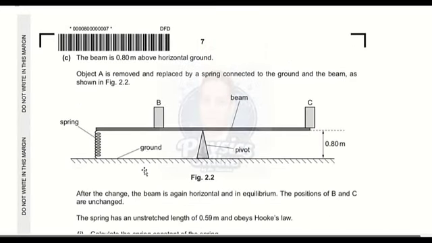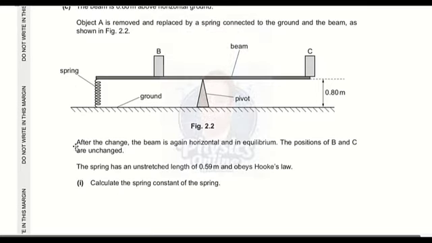Part C. The beam is 0.8 above the horizontal ground. Object A is removed and replaced by a spring connected to the ground and the beam, as shown in figure 2.2. After the change, the beam is still horizontal and in equilibrium. The positions of B and C are unchanged.